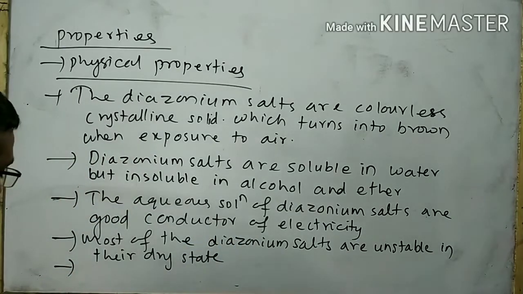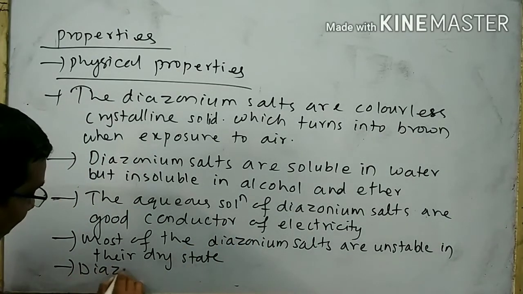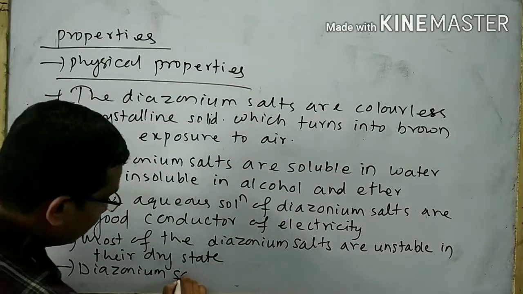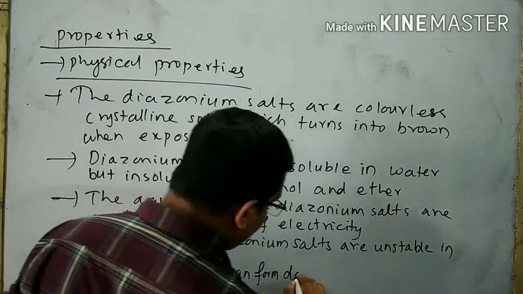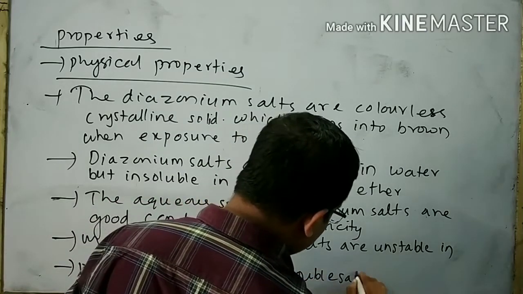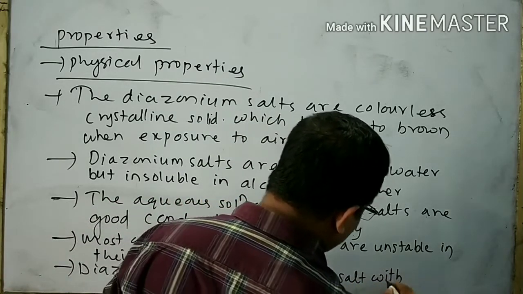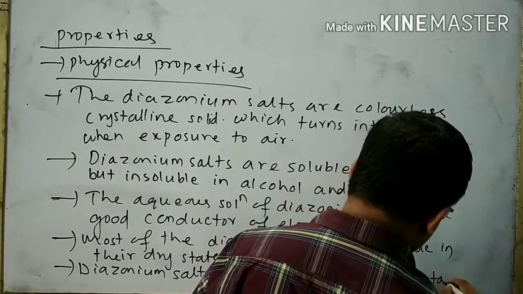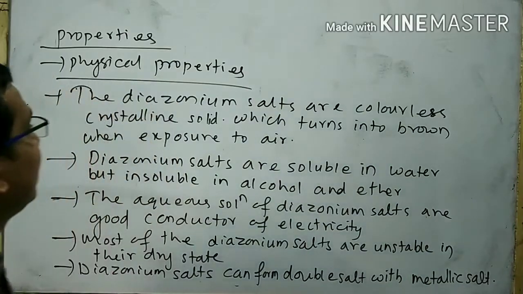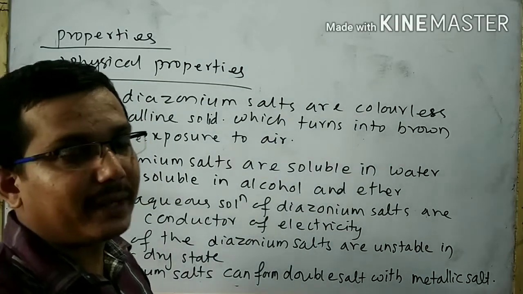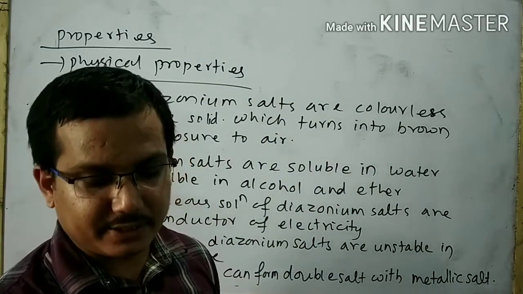Diazonium salts can form double salts with metallic salts. These are the physical properties of benzene diazonium chloride.